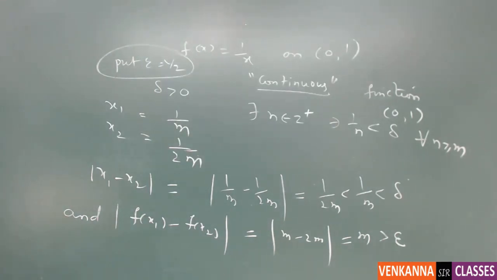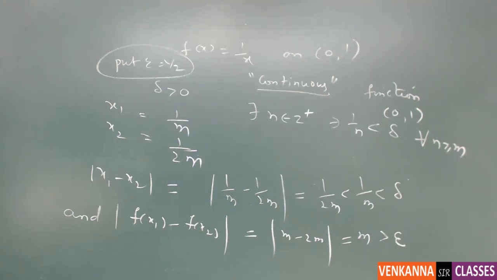So this is one simple example you can take. The function is continuous on the open interval 0, 1. If you check for uniform continuity, it is not uniformly continuous, because if you take epsilon equal to 1 by 2, or you can take epsilon equal to 1 also, and fix any delta greater than 0, then for the given delta you can always find a positive integer m such that 1 by n is less than delta for all n greater than or equal to m.